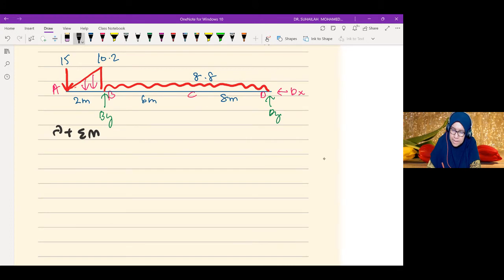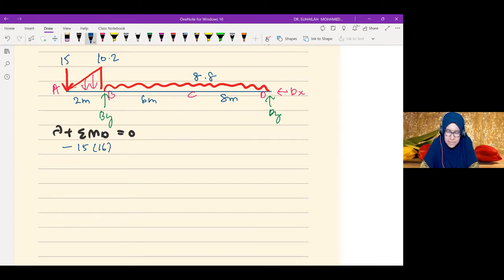Take moment at D equal to 0. So it is negative 15 times 16.